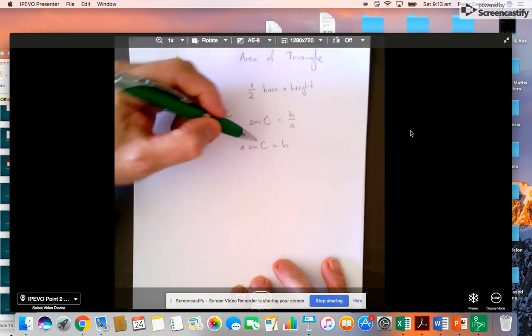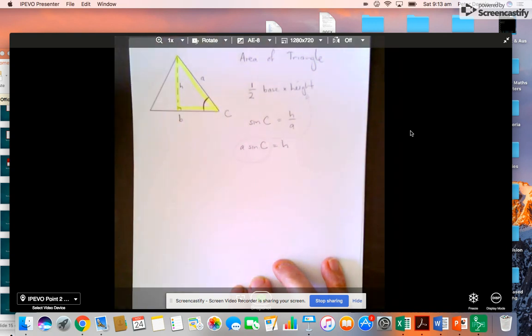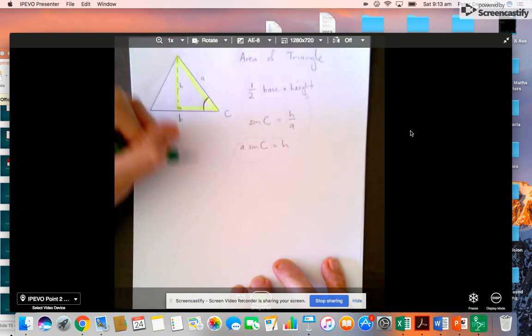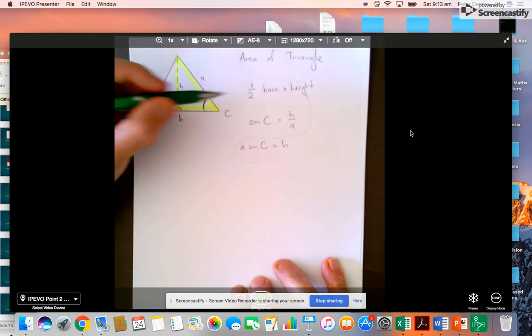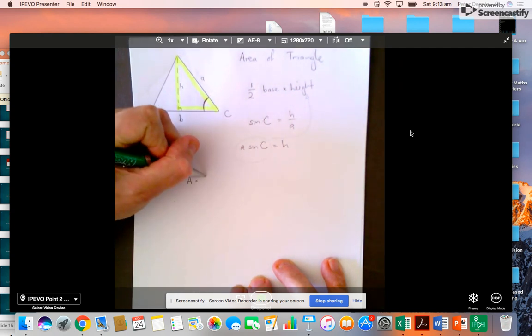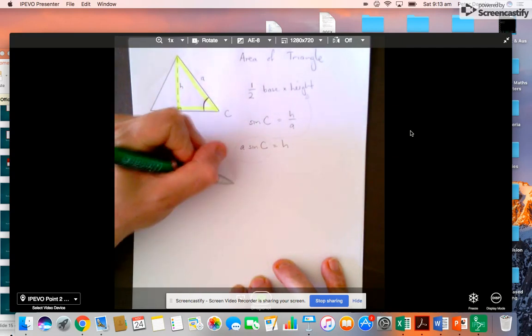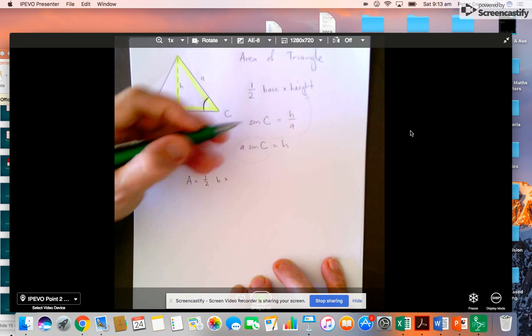And then what we're going to do is substitute this straight into this formula. So instead of area being half the base times the height, we suddenly get that the area equals a half the base, which is B in this case, times the height. What's the height?